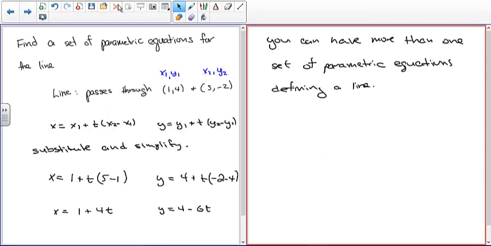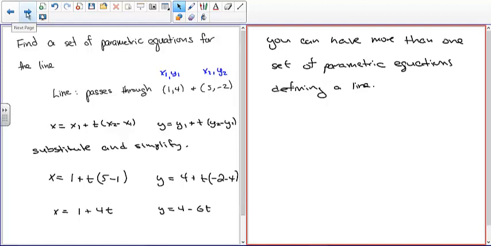Okay. Now it turns out that you can have more than one set of parametric equations defining a line. So if I had chosen this one as x1, y1, and this is x2, y2, I could end up with different expressions as far as the parametric equations. The trajectory would still be the same. And it's not just true for lines.